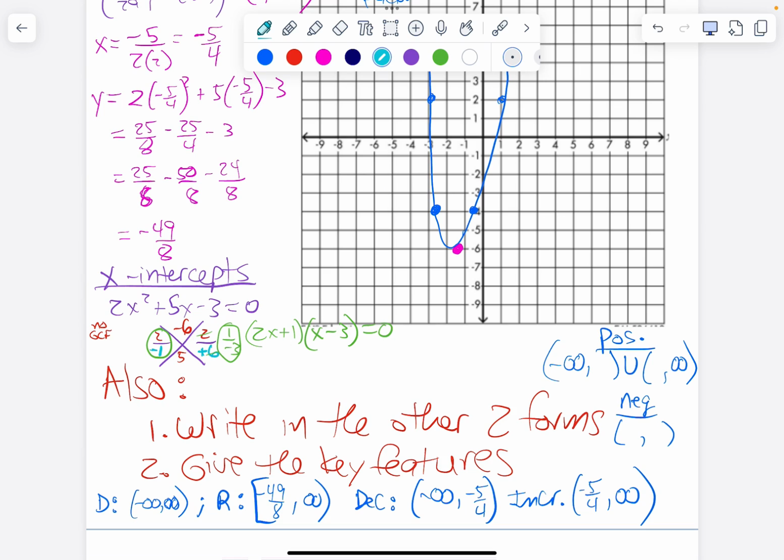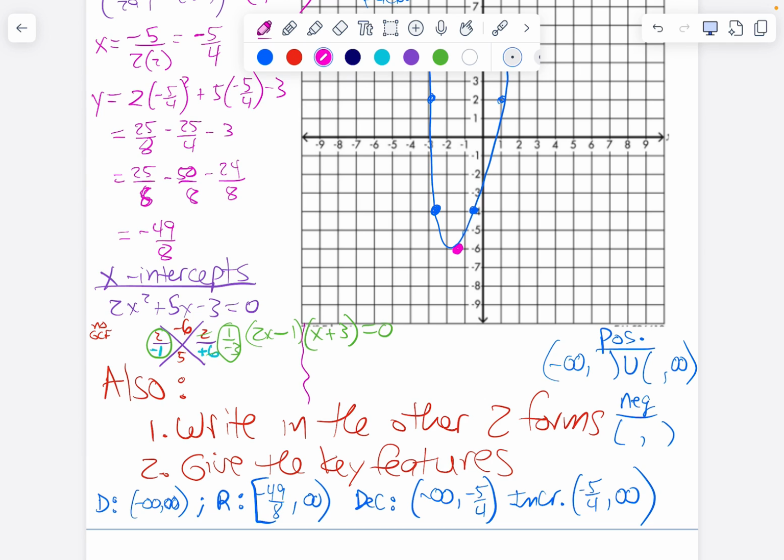I was just checking. So let's fix that. Two x minus 1, x plus 3. That's better. Good job.